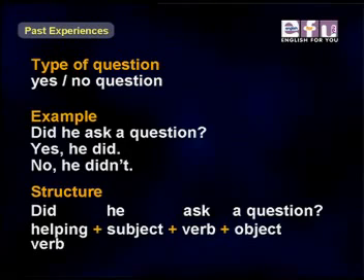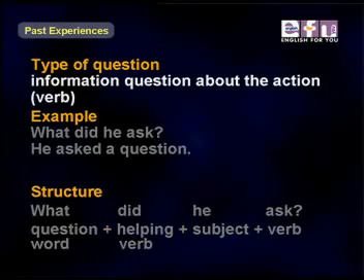We use did as our helping verb. We start with that. Then add the subject, he, plus your verb, ask, and your object, a question. So it becomes, did he ask a question? And remember, when we use the helping verb did, the main verb stays unchanged in the simple form.